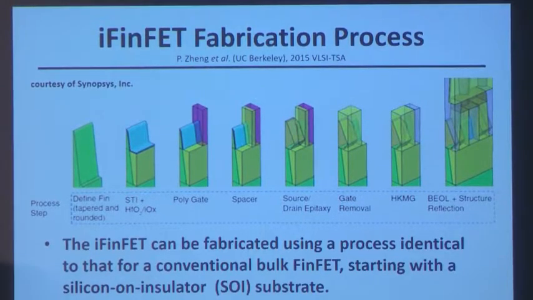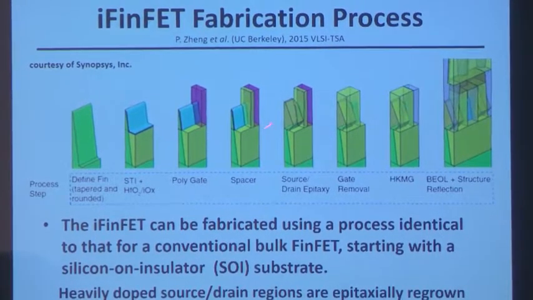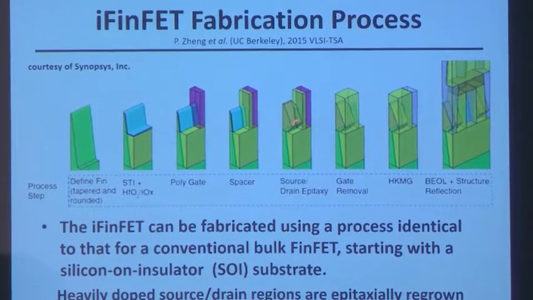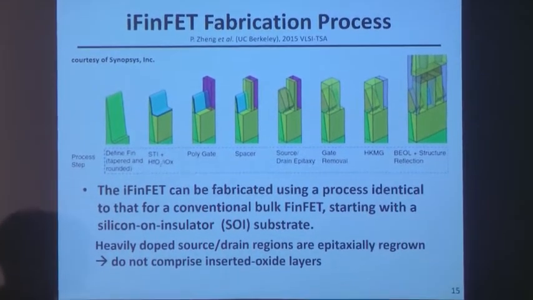The iFinFET uses the exact same process, except you start with an SOI substrate. The industry now has access to SOI substrates with very thin buried oxide layers, ultra thin BOX, like 5 nanometers. Since you're etching away the source drain regions and regrowing them, the source and drain regions don't have that oxide in them.